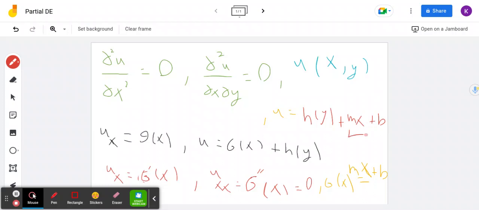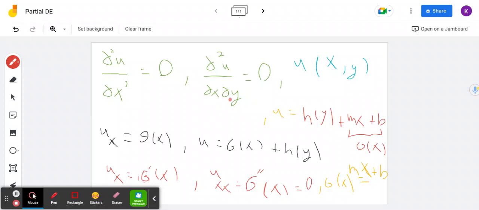Here I'm going to call this capital G of x, the part with respect to x, and here is the part with respect to y. The reason I told you h of y doesn't matter is that in the first equation, when we take a derivative with respect to x, the h of y cancels out. So it doesn't matter if it's y squared, if it's sine of y, anything, it cancels out.